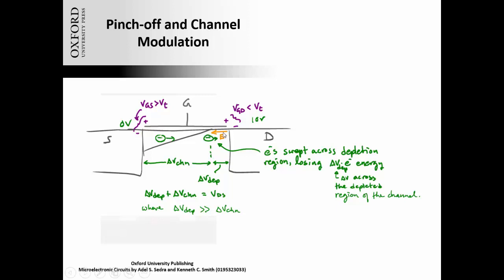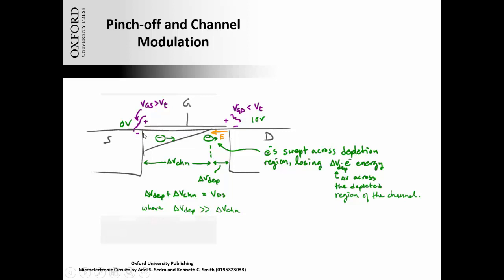Now, if this region is very small, which it will be, the electric field in that region is going to be very large, because the electric field is voltage divided by length. Okay, so I've got 9 volts divided by whatever that length is. And what will happen in that region is that the electrons that are in this channel and that are mobile will be moving to the right, right?